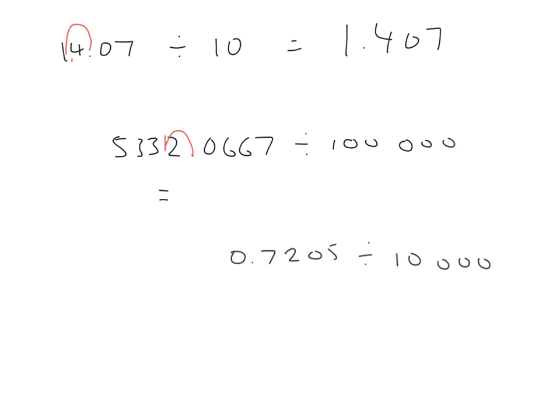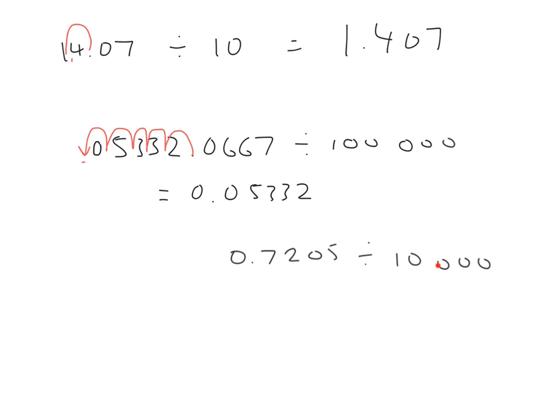So 1, 2, 3, 4, 5. Decimal point goes here. We have an empty space here, and we know already that we need to put a 0 when that happens. So our final answer here would be 0.05332.